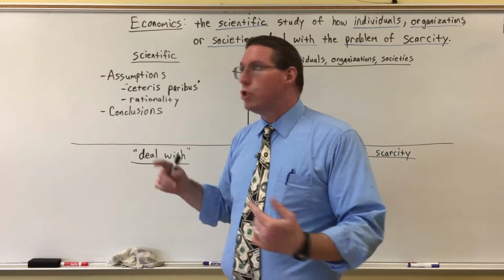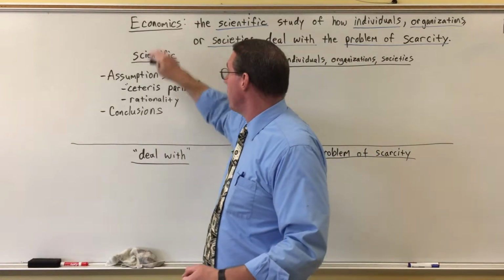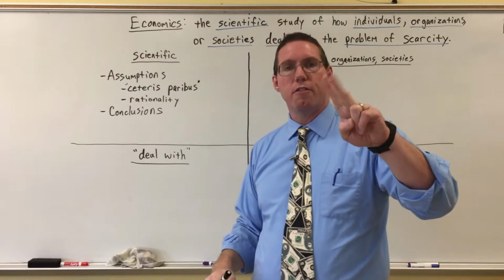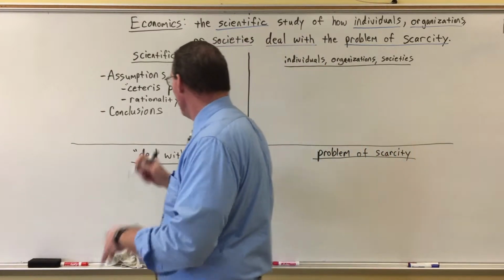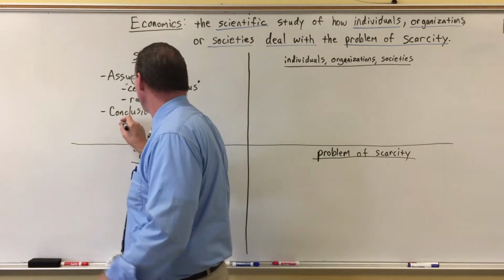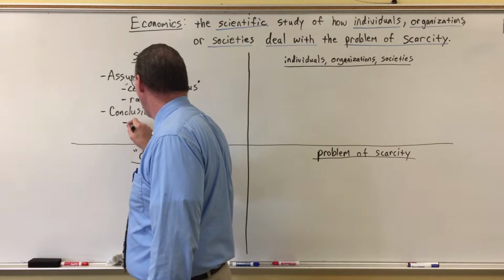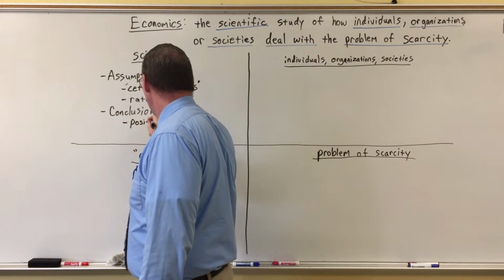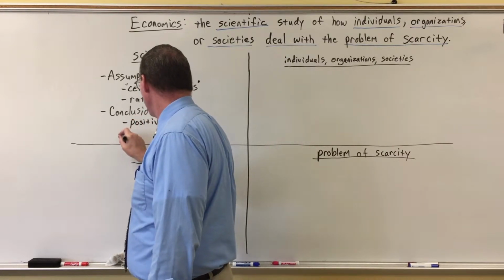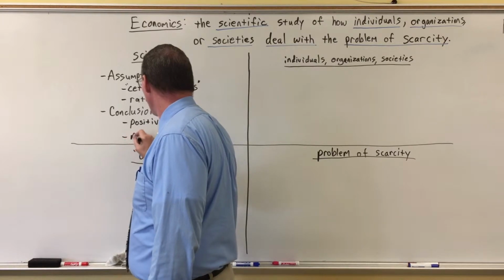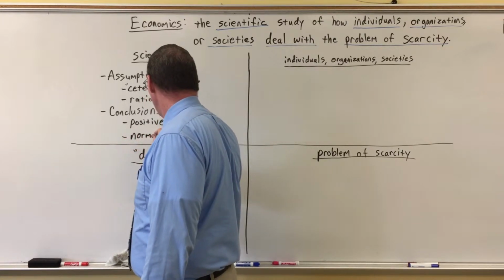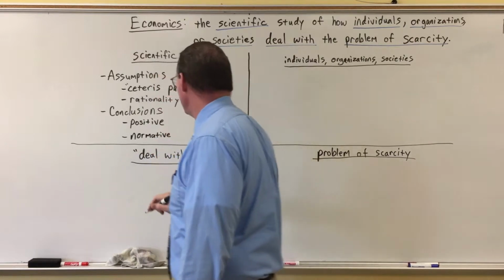And oftentimes when we draw conclusions in economics, there are two kinds of conclusions that we can draw. We can come to conclusions that are what we call positive conclusions or normative conclusions.